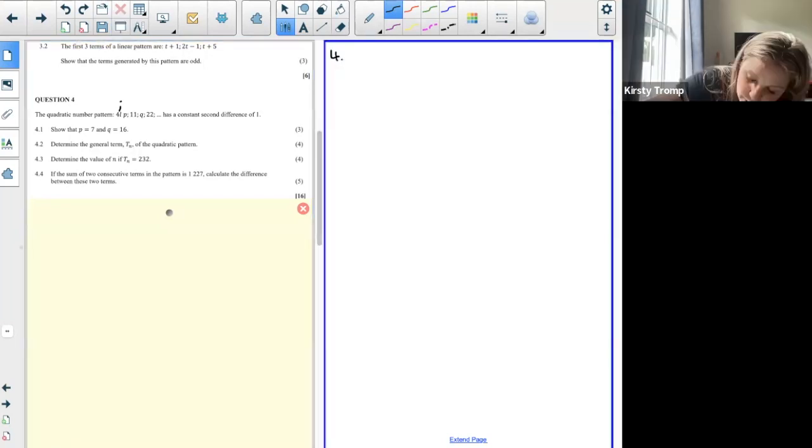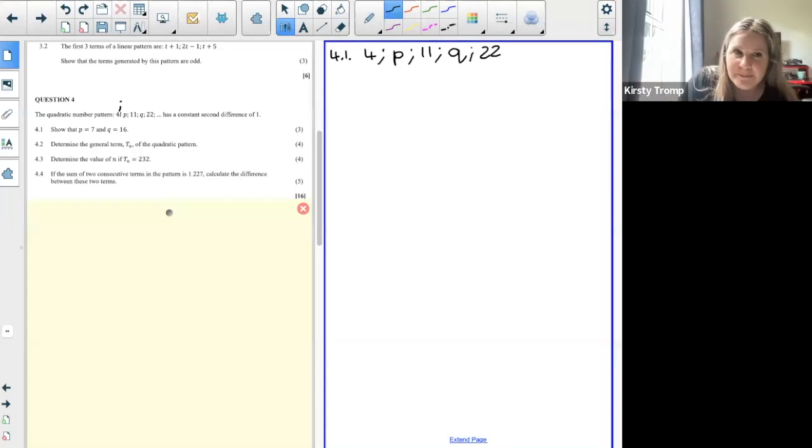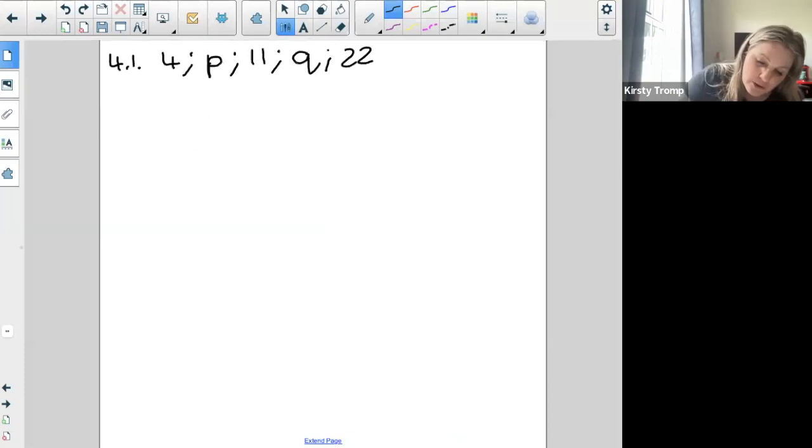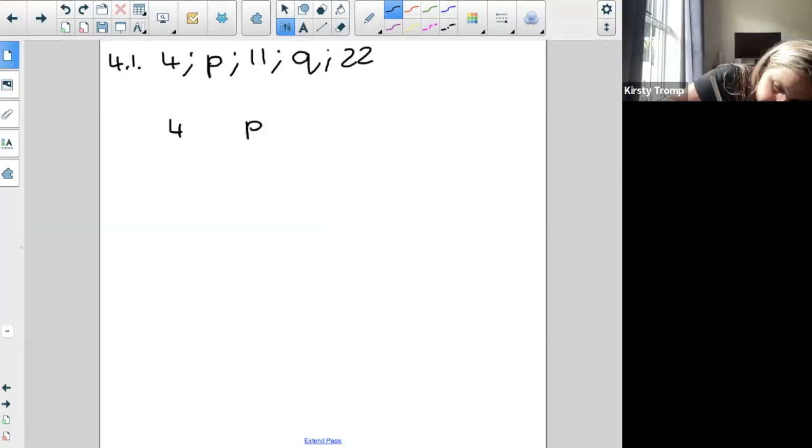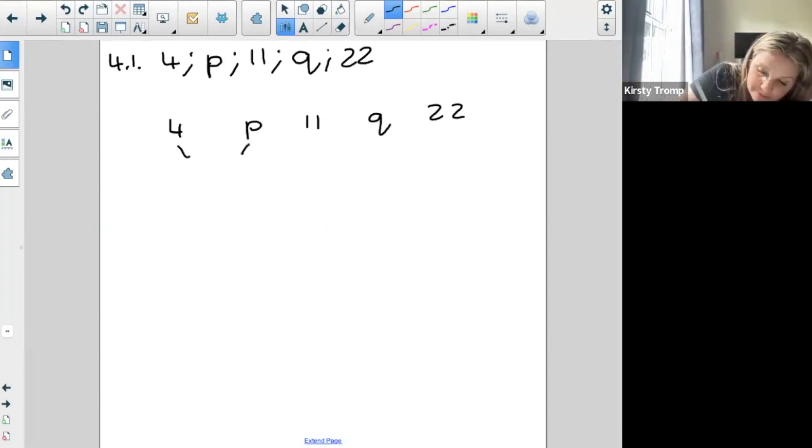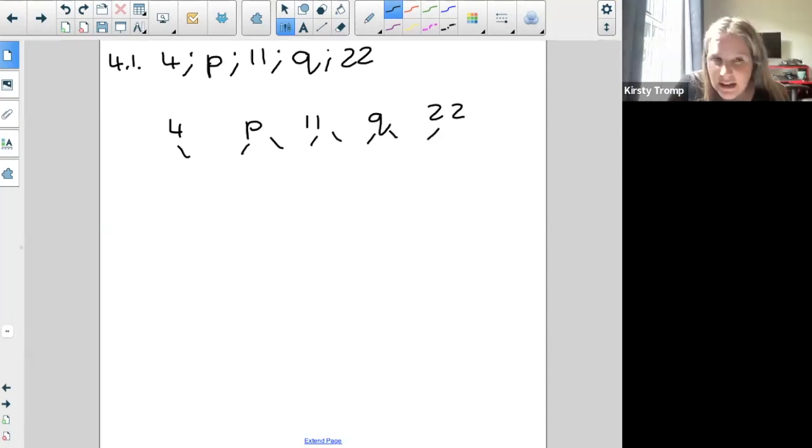So I'm going to take my pattern quickly: 4, P, 11, Q, and 22. I know that I'm going to have the following.